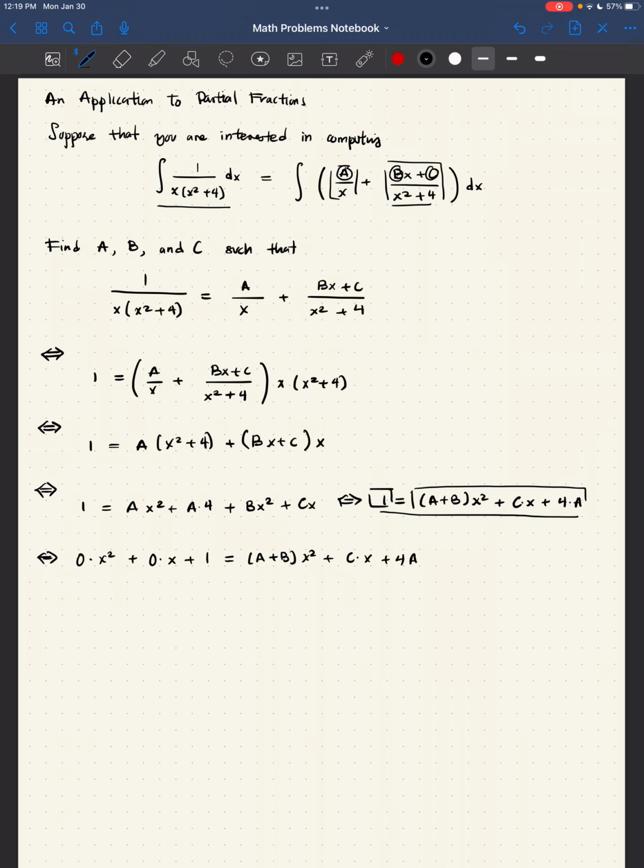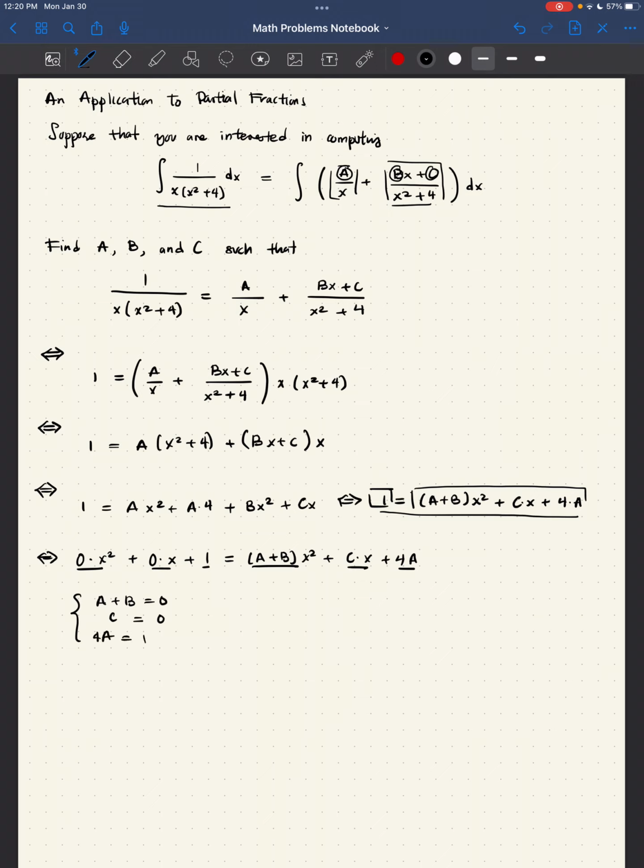But then what does this mean? That really means that the quadratics should match the quadratics, the linear should match the linear, and the constant should match the constant. In other words, I should have that a plus b is equal to 0, c is equal to 0, and 4a is equal to 1.